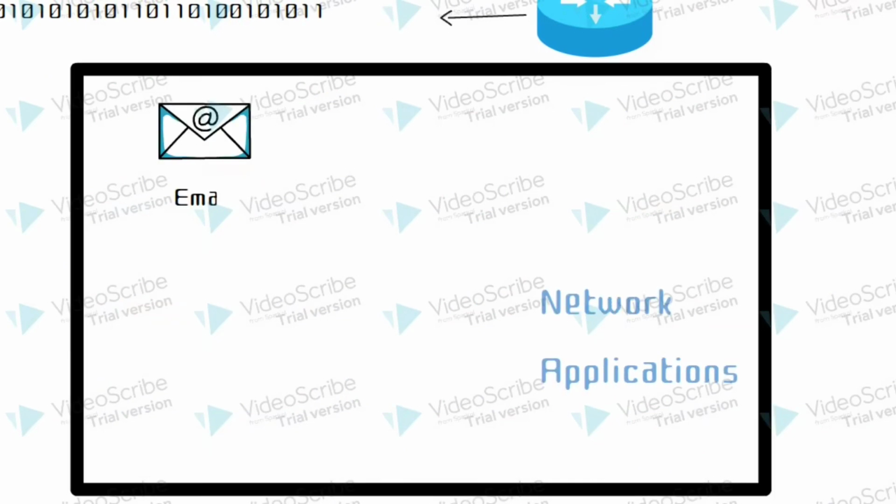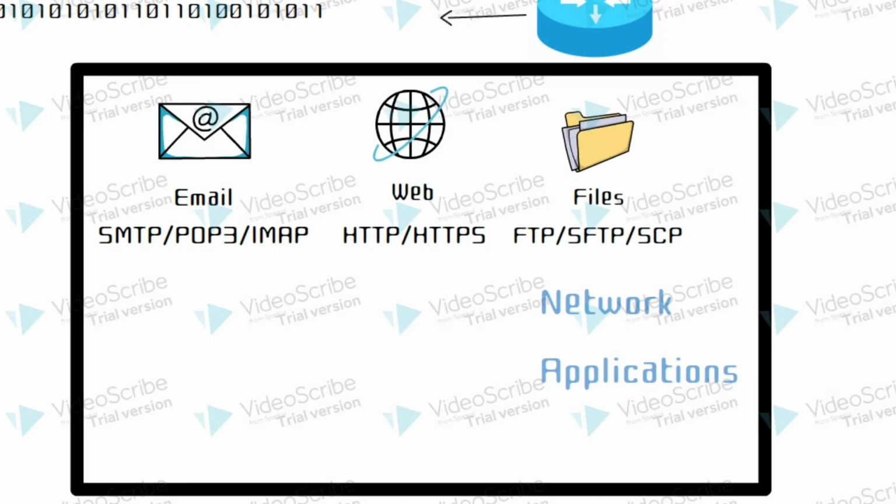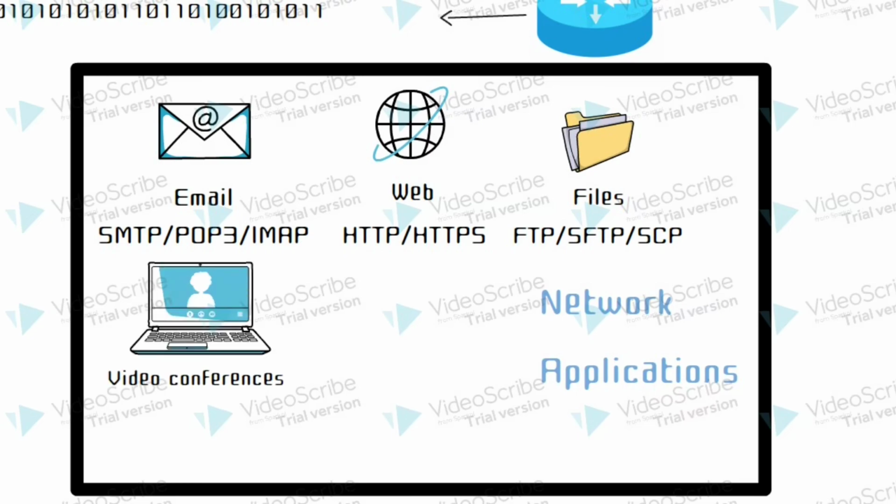For mail we use SMTP, POP3, IMAP. For web files we use HTTP, HTTPS. To send files, FTP, SFTP, SCP. For video calls we use RTP, and for messengers XMPP. All of them have their own unique port numbers.